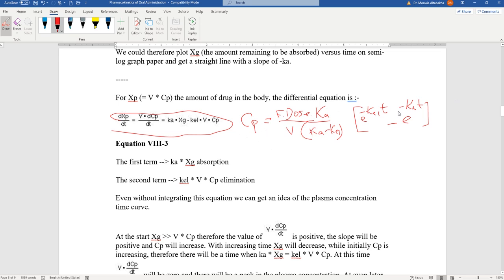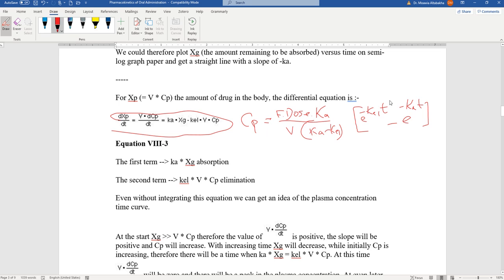If we look at time 0, we want to take extremes, time 0, meaning just as you administer the drug, what do you expect the concentration to be in the plasma? Of course you don't expect anything to be in the plasma, because the absorption is yet to start.